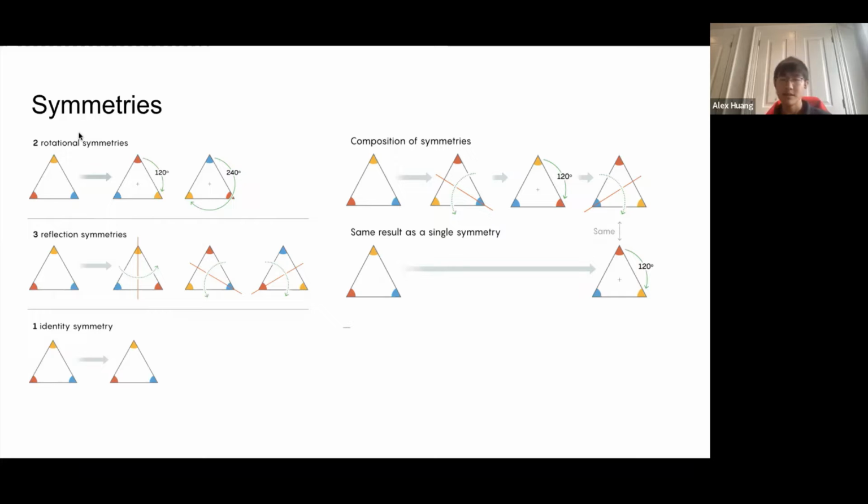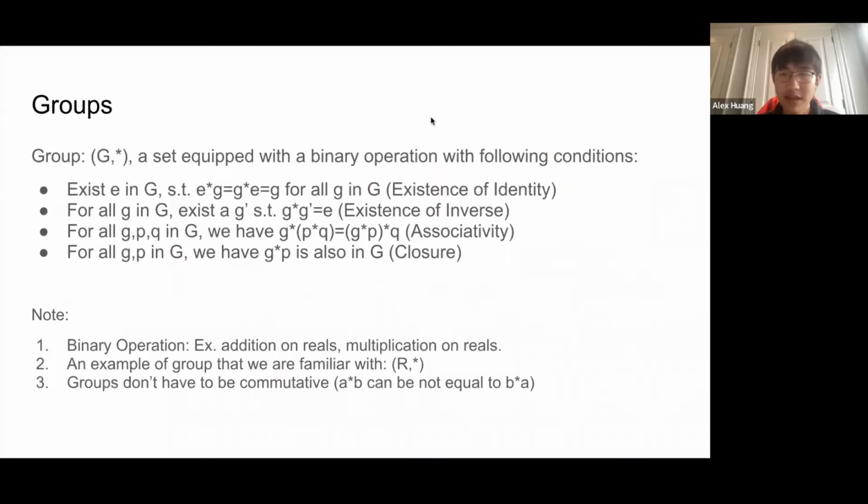So what it means is that you can compose any of these symmetries to get another symmetry that's in this set of six different symmetries. So once you compose two different actions, you get another action that's in this set. And that's pretty interesting.